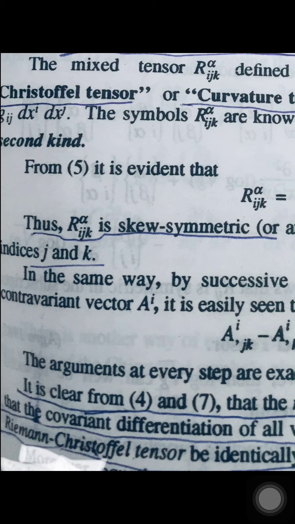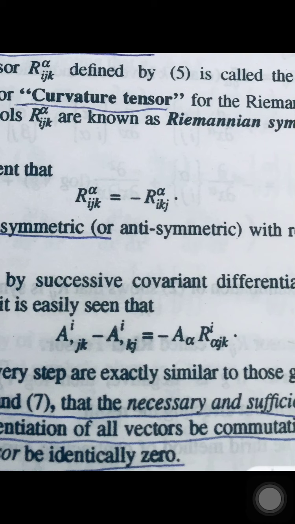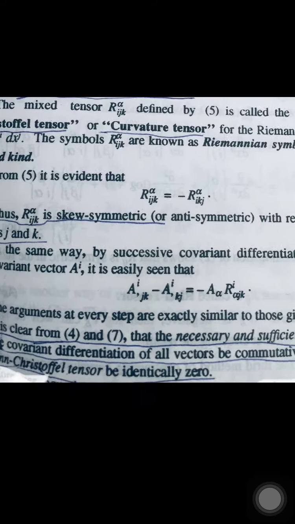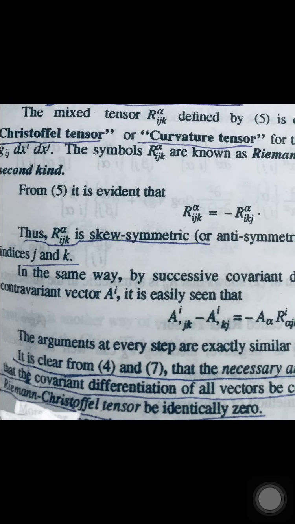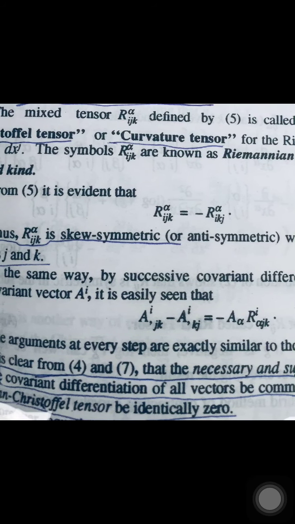If we take a contravariant vector, with the index in the upper position, then applying this method similarly we get a^i_{,jk} minus a^i_{,kj}, which is nothing but minus a^alpha R^i_{alpha jk}. Here a minus sign occurs, while in the last form for the covariant vector we don't have a minus sign. So this is clear from equation 4 and equation 7.